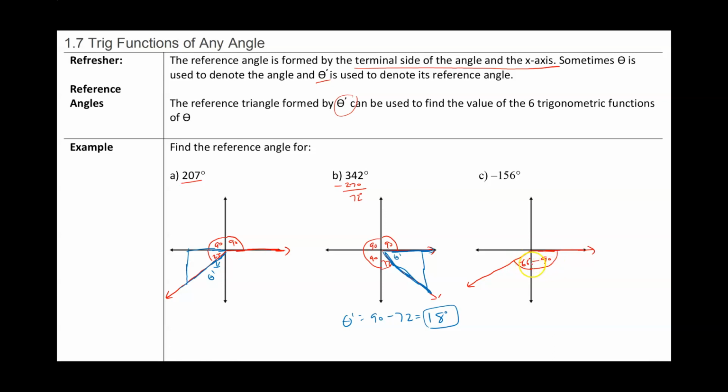So negative 90 and negative 66, that's equal to negative 156. But the reference angle is always made with the terminal side and the x-axis. This is our theta prime. And since theta prime and 66 add up to 90, theta prime is just going to be 90 minus 66, which will be 24 degrees.